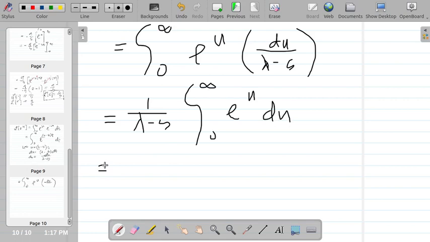So the integral of e^u du is just equal to e^u. So 1 over lambda minus s, e^u, with limits from 0 to infinity.